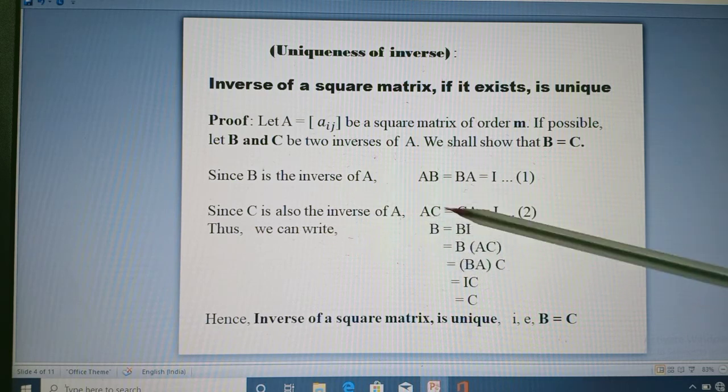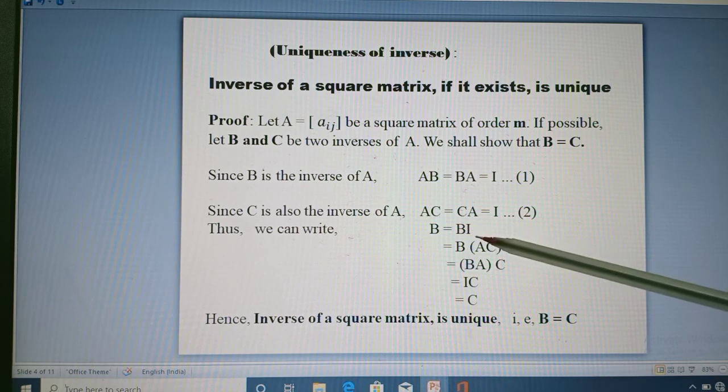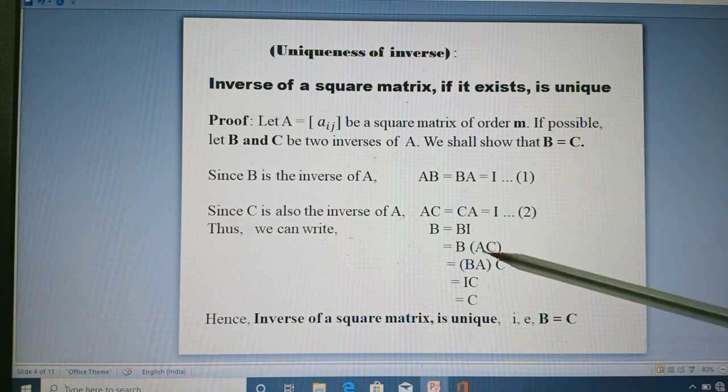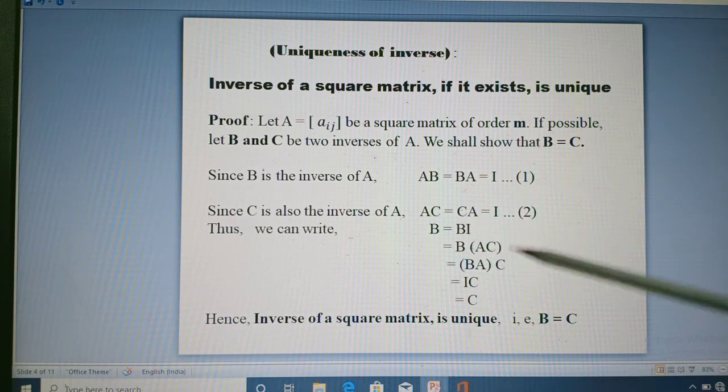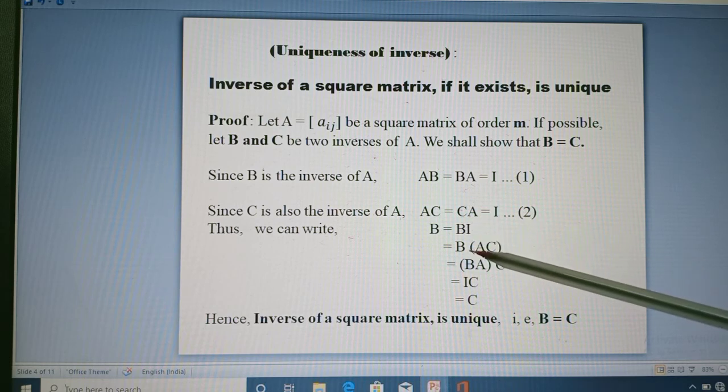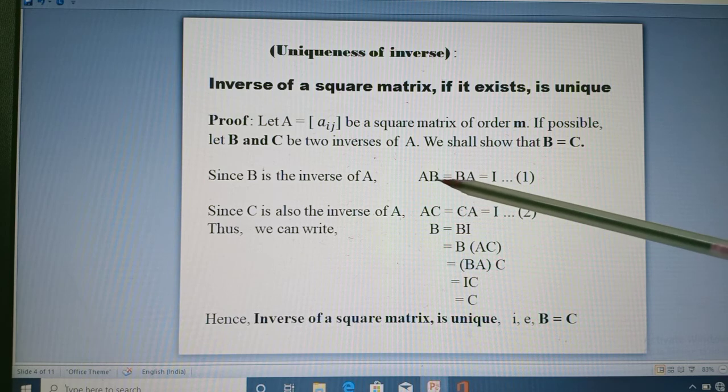Thus we can write B equal to BI, because any matrix multiplied with the identity matrix gives the same matrix. In place of I, we can put AC, because AC equals I. Then BA you can put in one bracket times C. Again BA is I here.